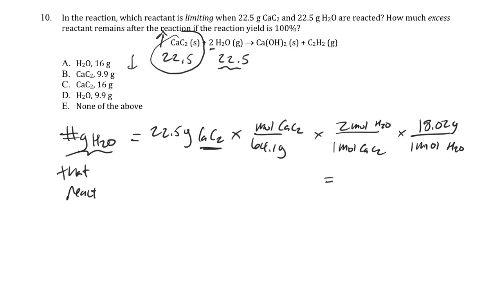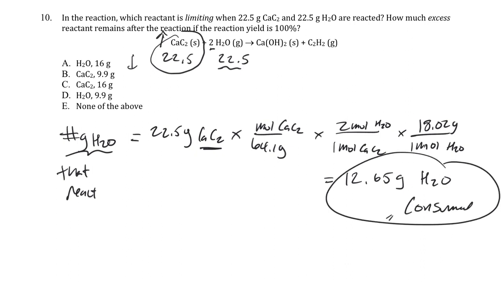So this means that I'm going to have 12.65 grams of water consumed in the reaction, not remaining, but consumed. So I have 22.5 minus 12.65 grams of water remaining.